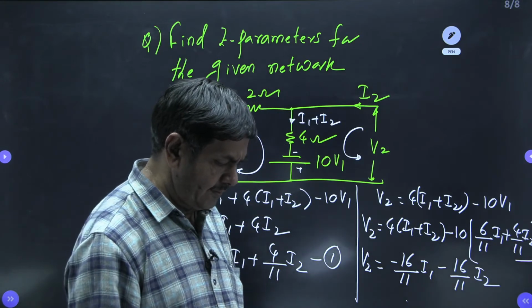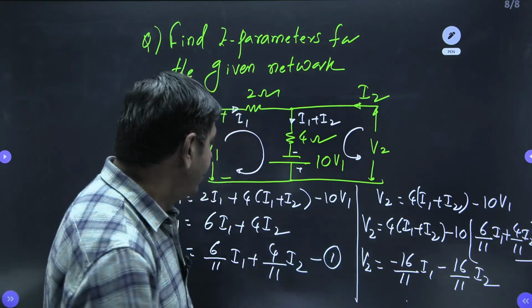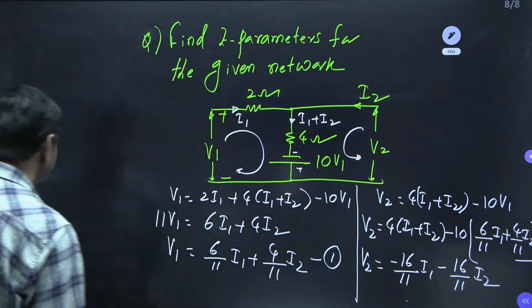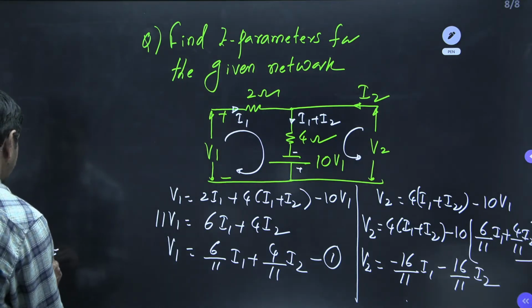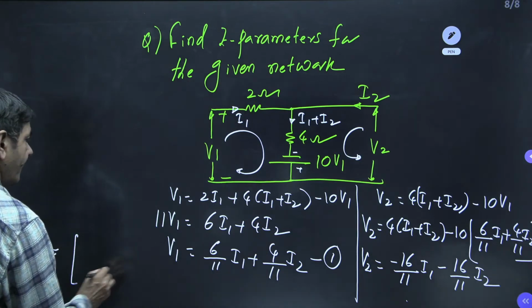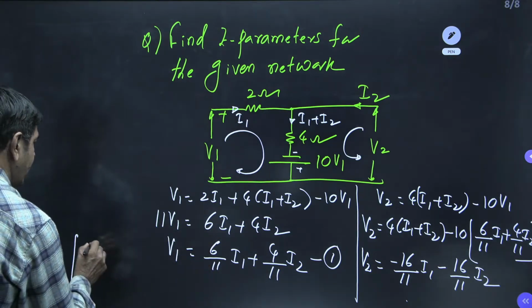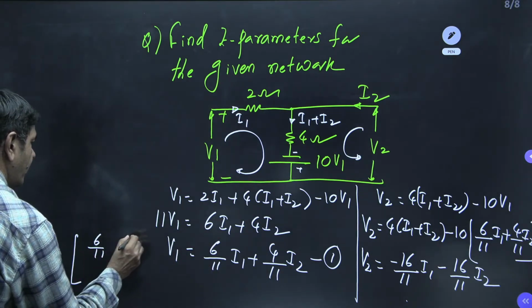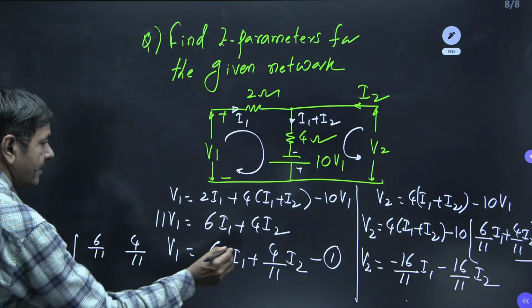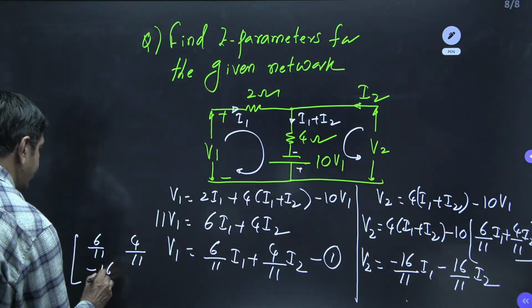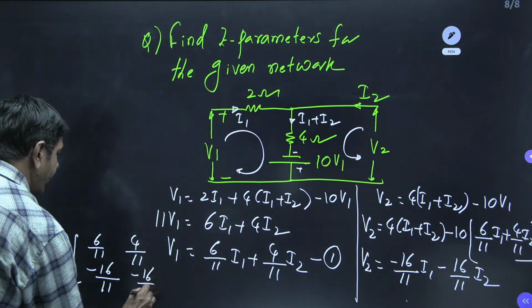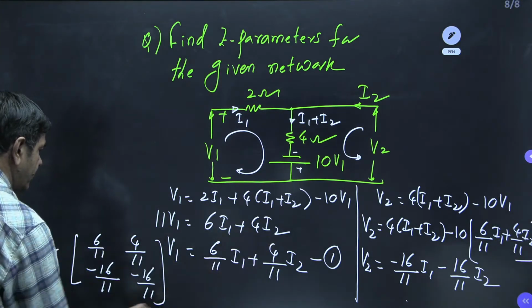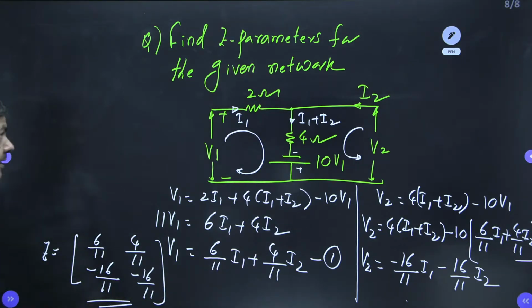Once you get it this way, you can get the Z parameters. Z equals 6 by 11, 4 by 11, minus 16 by 11, and the fourth one is minus 16 by 11. If you simplify it, it comes. Like that, Z parameters we can get.